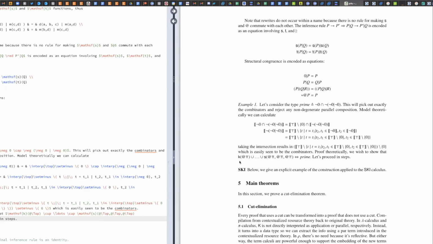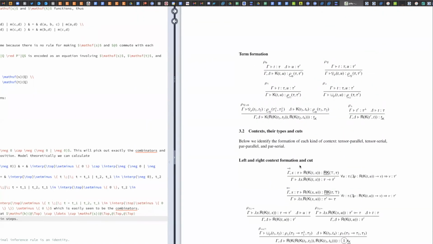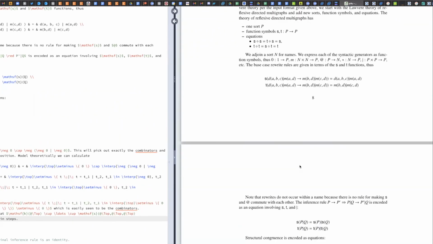Okay. So that set, which is what we calculate here, model theoretically, corresponds to this formula. And what we say is that formula implies prime, and prime implies that formula. To prove in the proof theoretic way what we calculate model theoretically, this is what we do using these inference rules. So that's the difference between the two approaches.